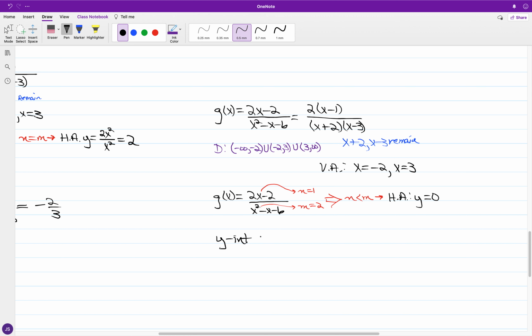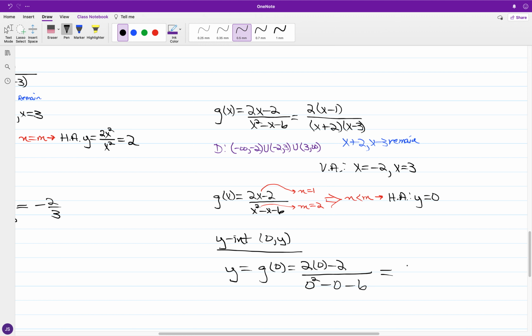And for what we have in the case of the y-intercept, you have y is equal to g of 0. So 2 times 0 minus 2. And 0 squared is 0, minus 0 is still 0, and we have minus 6.